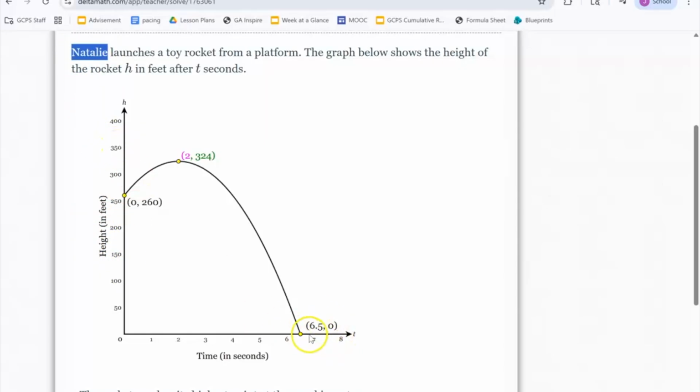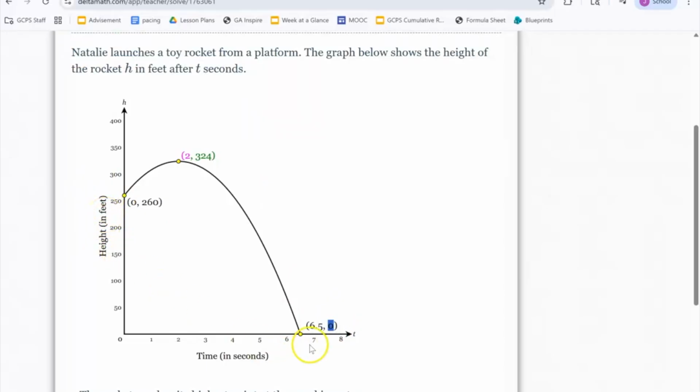So if I'm interpreting this, I will say Natalie, and you can do it in any order. So I can say after 6.5 seconds, the rocket that Natalie launched is at 0 feet.